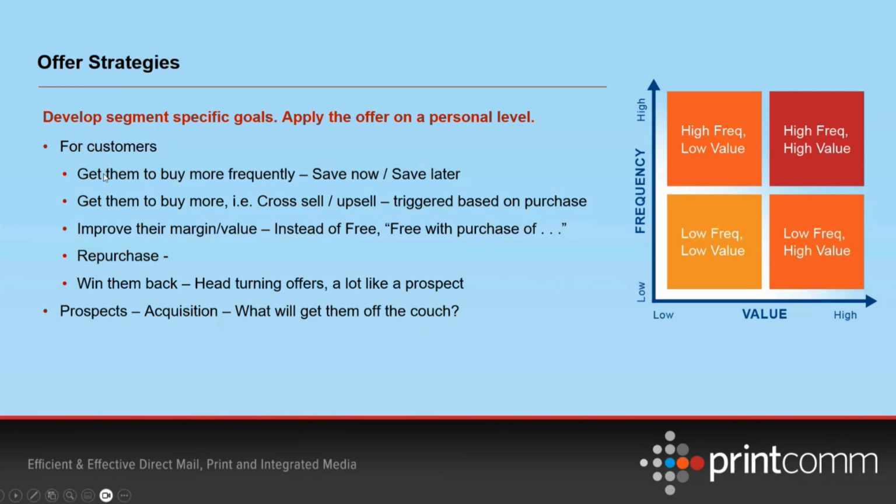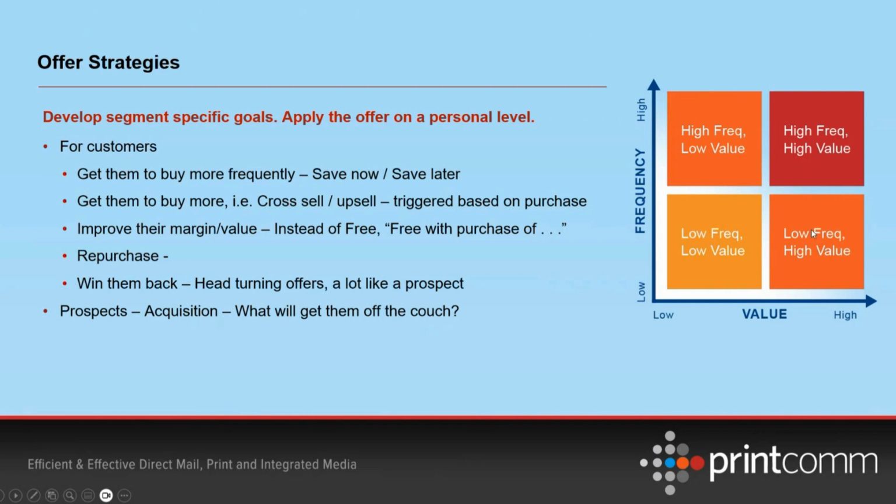These are what I call the shoulder segments, the upper left one and the lower right. These people down here, high value, low frequency, you're trying to move them into this corner. So you're trying to get them to buy more frequently.